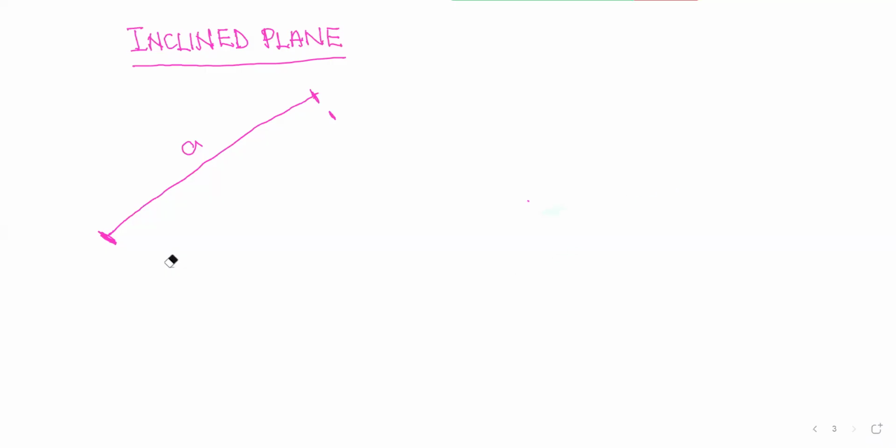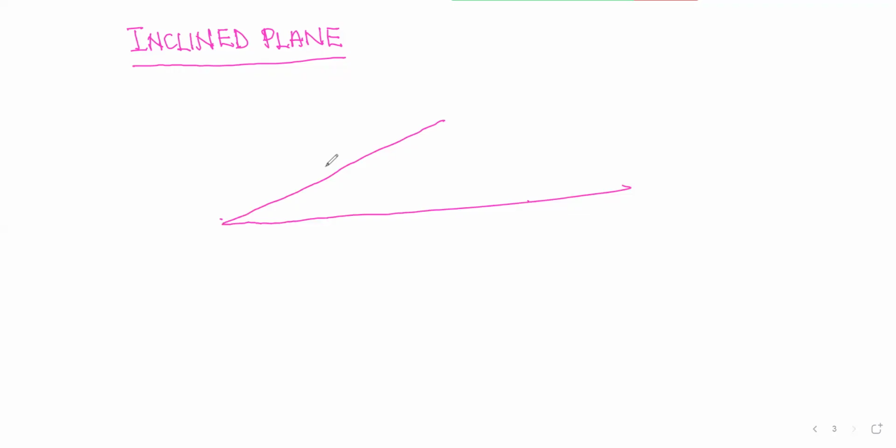Okay, so we have a body. Let's take this to be the inclined plane. Of course, this is the ground. We have a body or a particle rolling on an inclined plane.